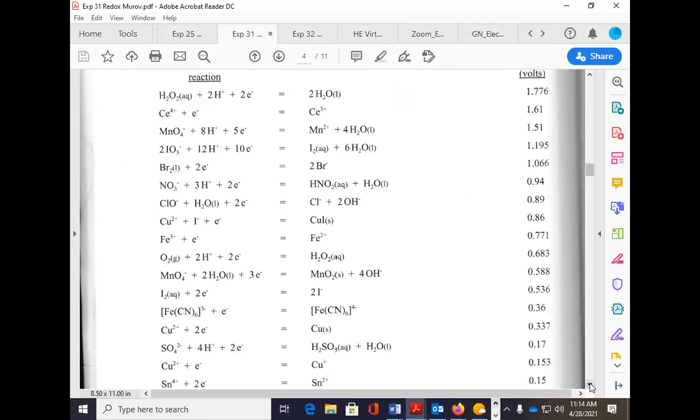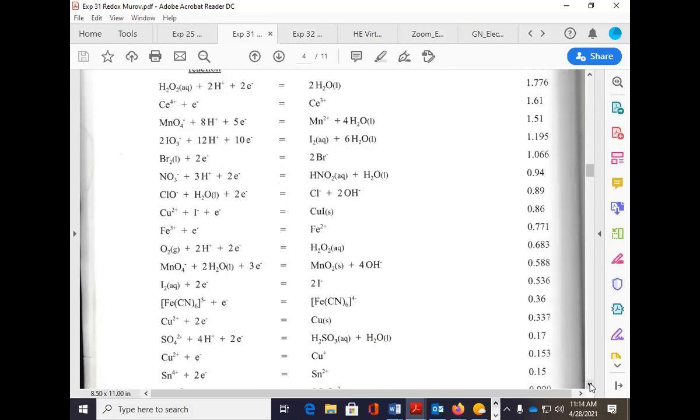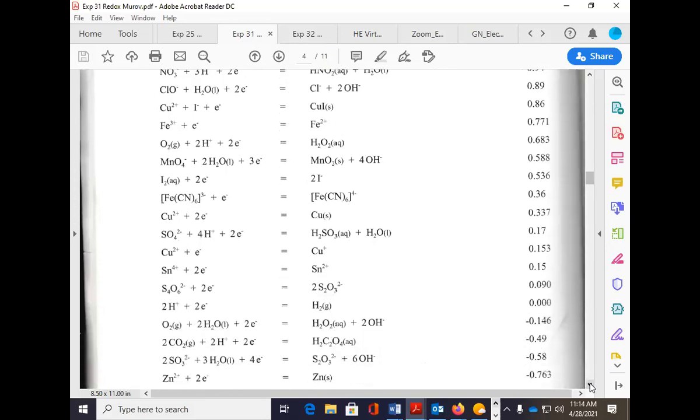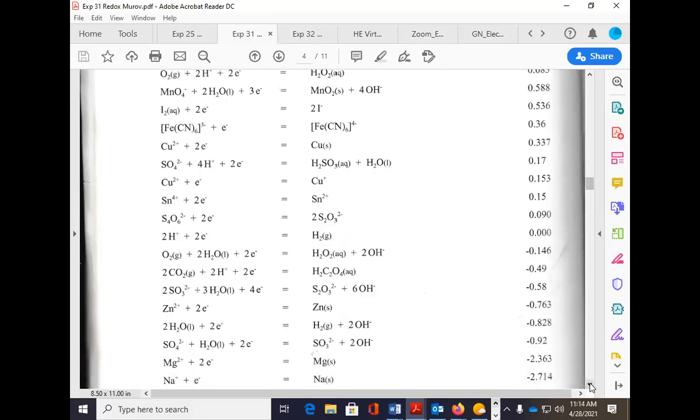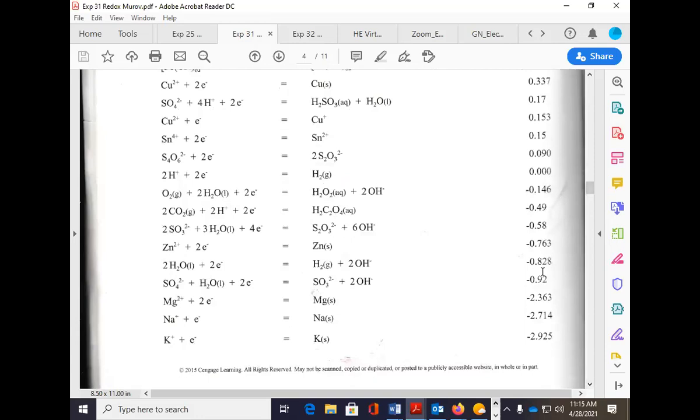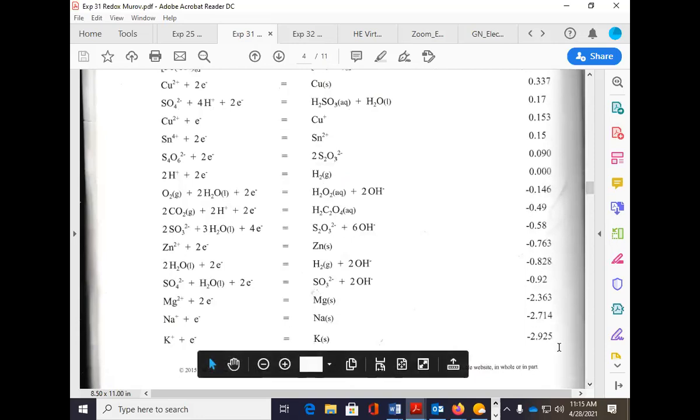We're always going to have to flip one of them. Usually the way this works is if you see a negative, that's the one you're going to want to flip, because if you flip it, then you have a positive and now you get to add a positive to a positive.